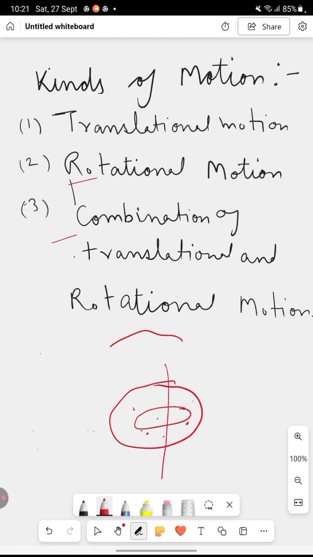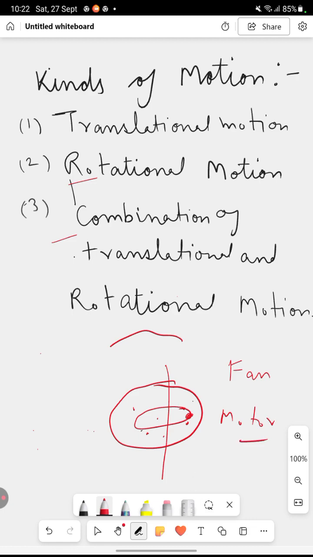This is the axis around which this particle is rotating, meaning this particle is showing a rotation around this axis. So we will say this particle is showing rotational motion. Some examples may be a fan, any object that is rotating, an electric motor. These are showing rotational motion.